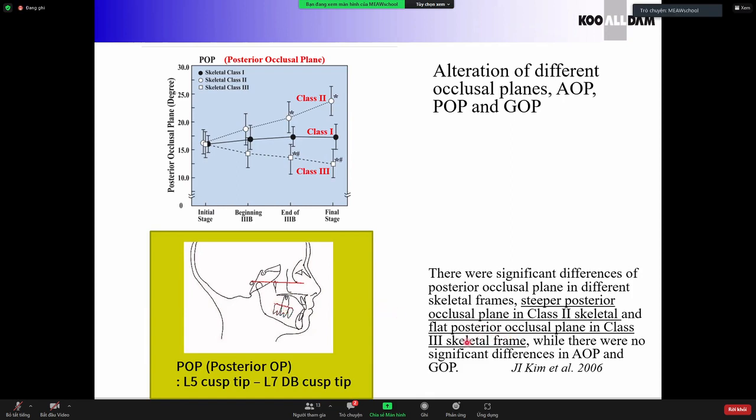However, in an early orthodontic treatment patient, there is an unerupted lower second molar. So we do not measure this angle.